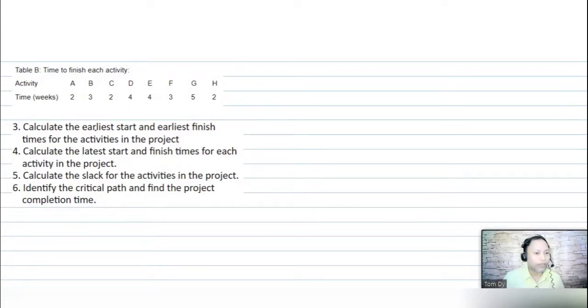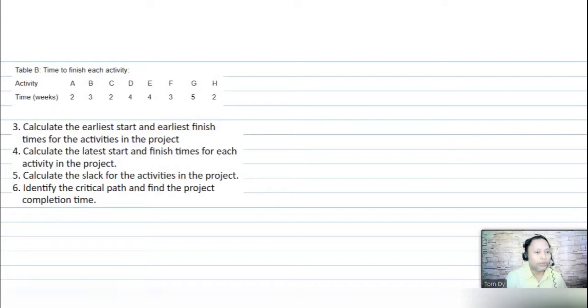Okay, so we're talking here about the earliest start and earliest finish times for the activities, and then the latest start and latest finish. And then of course we will calculate the slack, and then identify the critical path and find the project completion time.